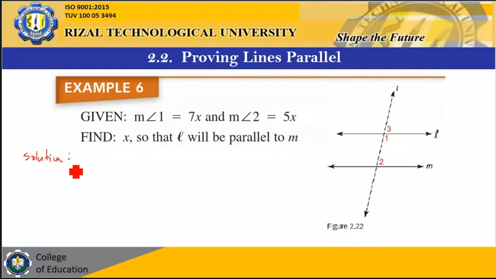We know that angle 1 and angle 2 are interior angles on the same side of the transversal.